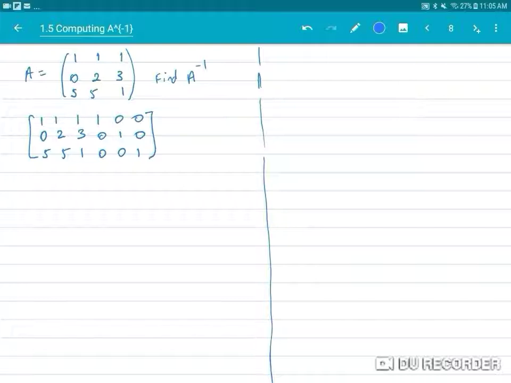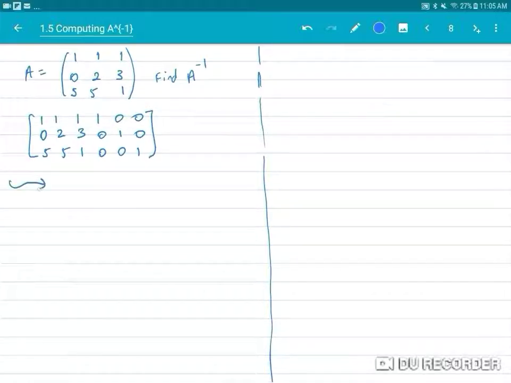First, we're going to subtract 5 times the first row from the third row. So row 3 minus 5 times row 1 goes in row 3, so I get a 0 here. This is already 0, so I'm not going to mess with the second row.